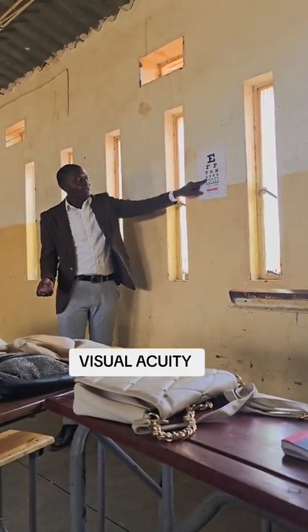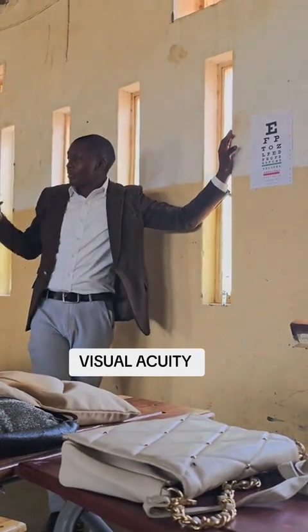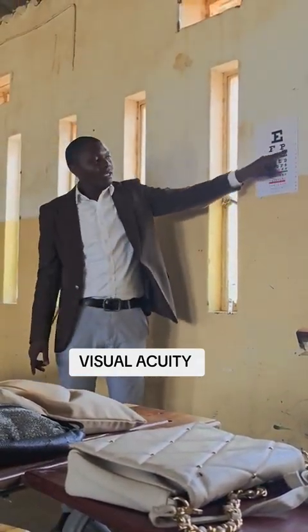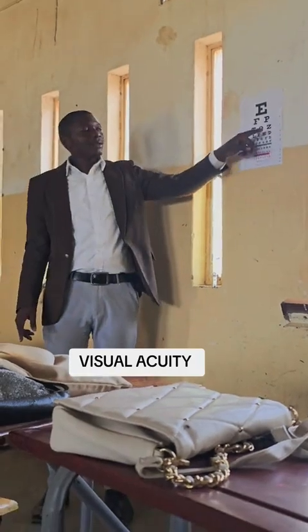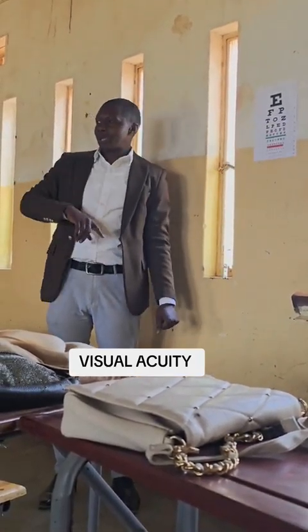Or you point where L is, they tell you that is V, meaning they are mentioning the wrong letter. So in this particular case, the patient can only see up to line 3. So your recording is just going to be 3/6 for that particular eye.